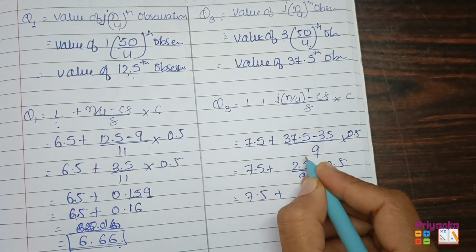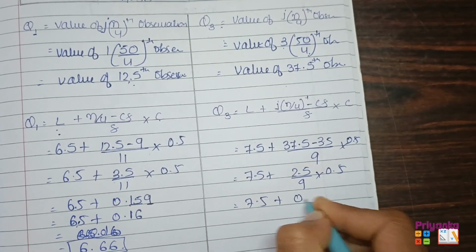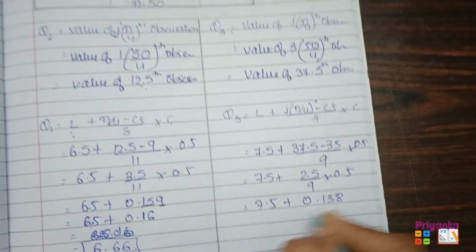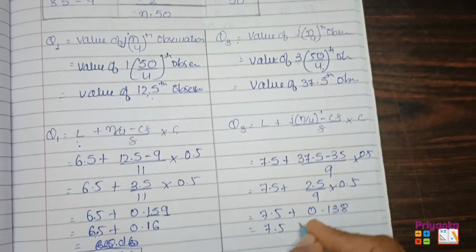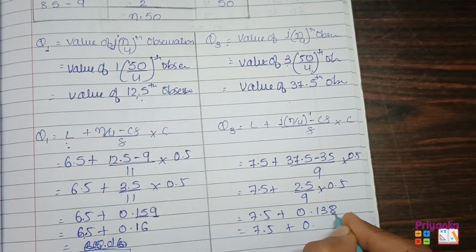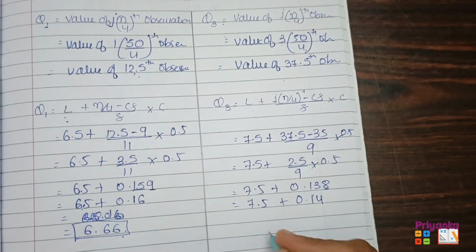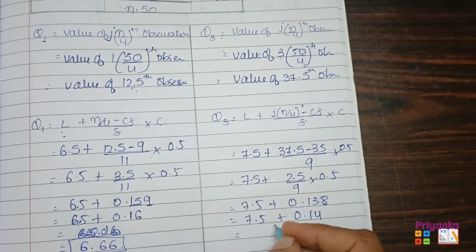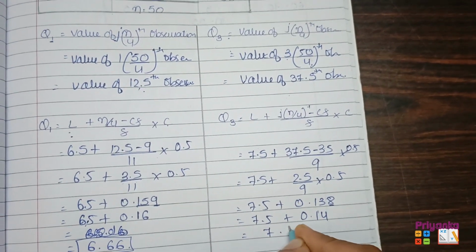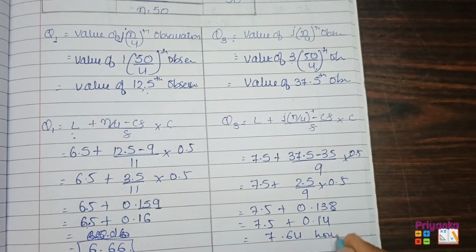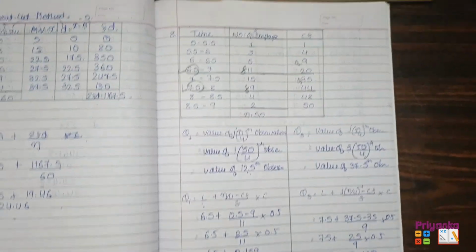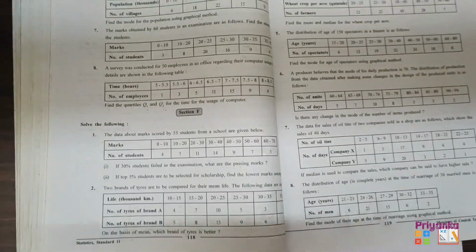The calculation of this you will get 0.138. As you can see the third digit is more than 5 तो यहाँ पे हमारा नंबर हो जाएगा 0.14 and the total answer will be 7.64 hours which has been asked in the question. So after completing this, we'll start with section F.